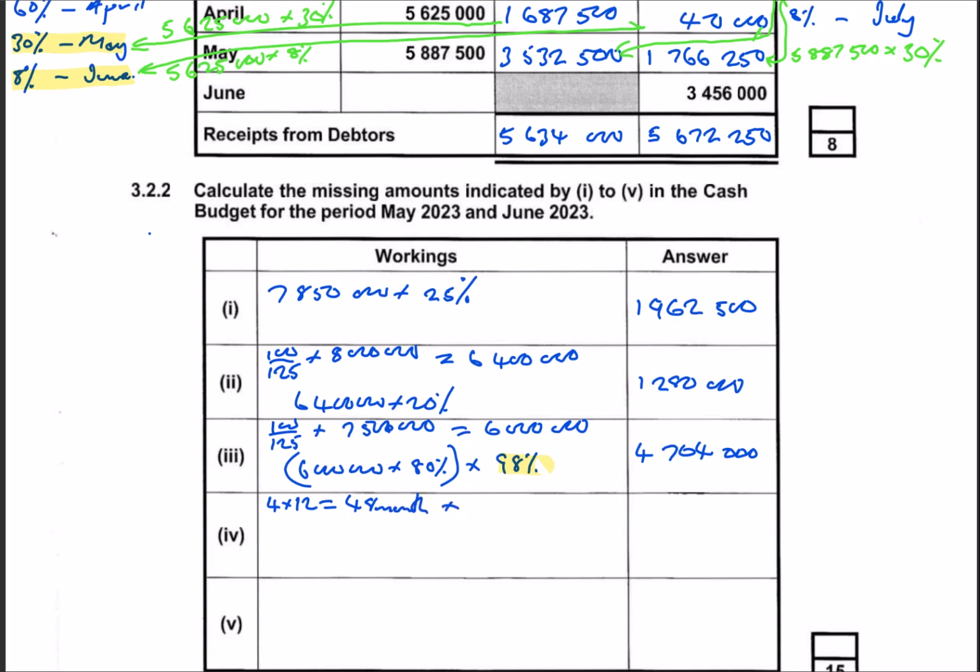Then multiplied by the monthly installment of 4,500, because that's the balance. This will give you 216,000.